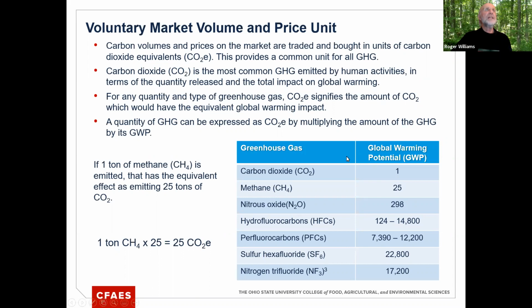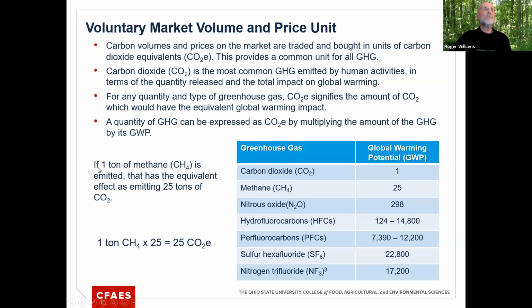Okay, so if we take a look at the global warming potential of the various greenhouse gases, we can determine how many carbon dioxide equivalents we have by multiplying the amount of the greenhouse gas that we're talking about by its global warming potential, right?